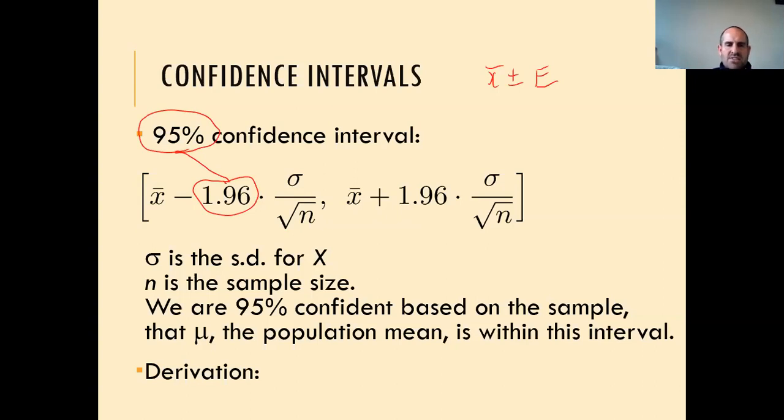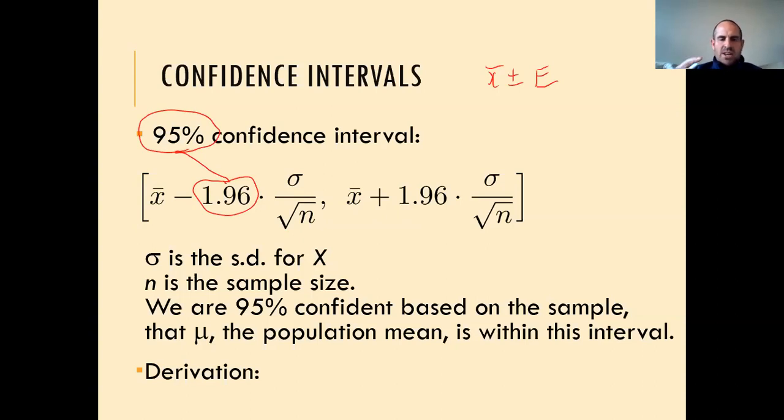Basically, 1.96 means in essence 2 standard deviations. And you know that within 2 standard deviations of the mean, if you have a basically bell-shaped curve, you're going to have 95% of the data. That's where that 1.96 comes from.